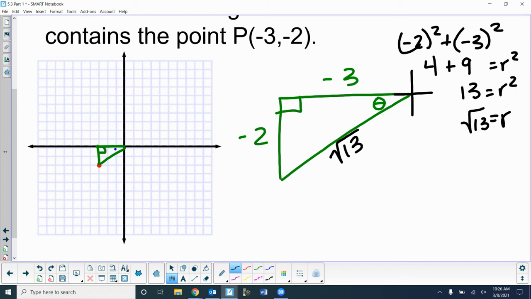Okay, right, Brookie? And then from here, we just do SOHCAHTOA again, right? So, Zoe, what's sine of theta? Right, good.